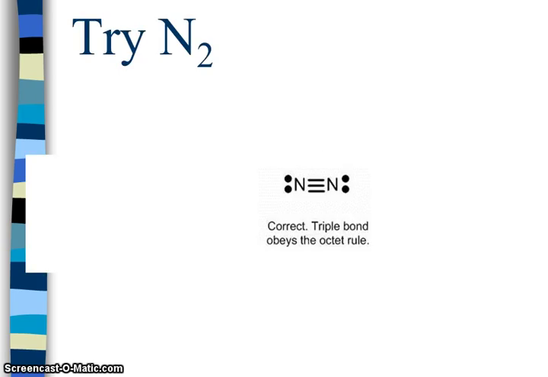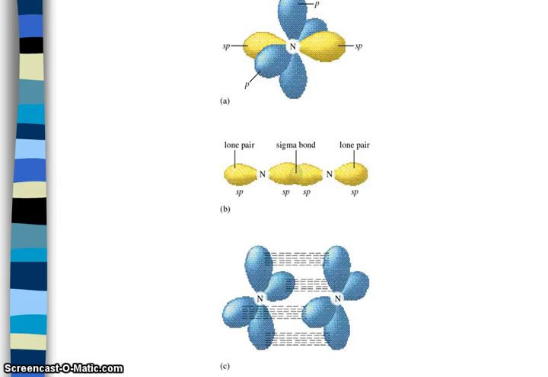So now let's look at nitrogen. If we look at each of those nitrogens, there are two effective pairs. There's a lone pair, and then we've got a bond between the nitrogens. So this time, we're going to have sp hybridization for each of our nitrogens. Each nitrogen contains a lone pair of electrons in one of those hybrid orbitals, and a shared pair of electrons when the sp hybridized orbitals overlap between the nitrogens, and that's going to give us a sigma bond.